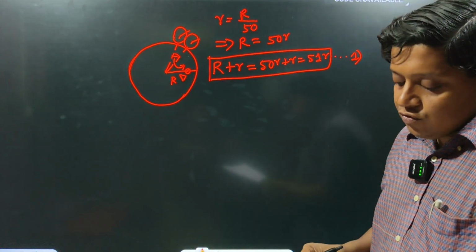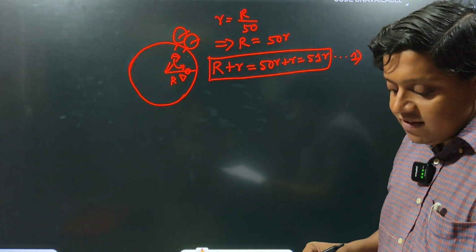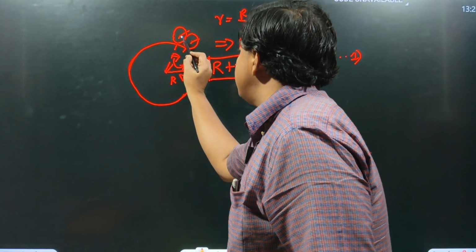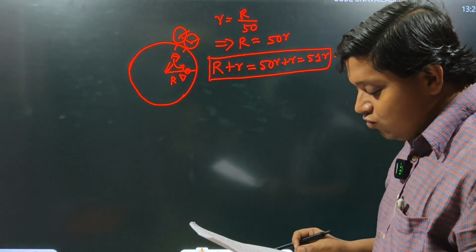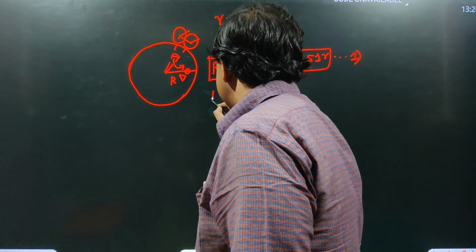So when the two small disks are in contact, the distance between their centers is 2r. I think it is not tough to understand. This distance is 2r, very clearly you can see.